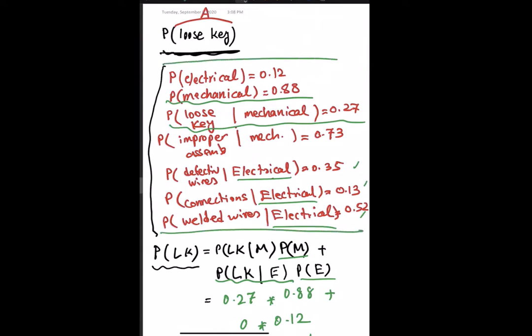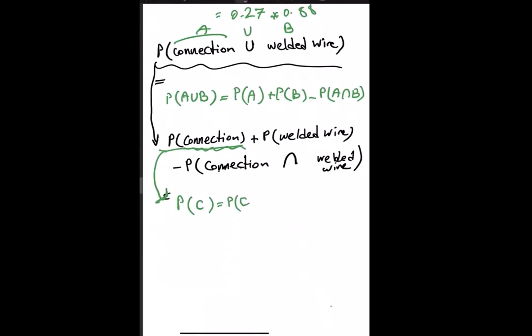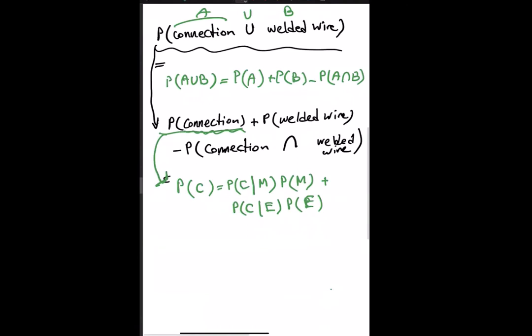So probability of connections given mechanical times probability that the error is mechanical, plus probability of connections given that it's electrical times probability that the error is electrical. Okay.